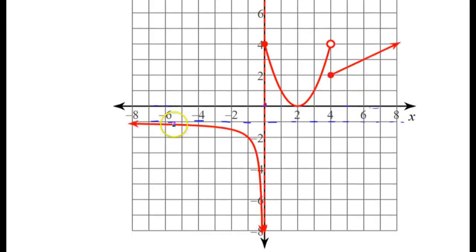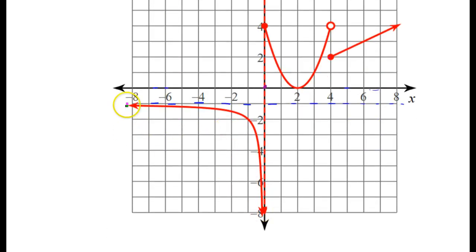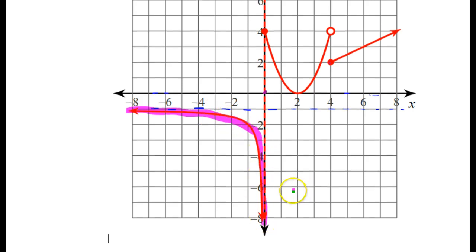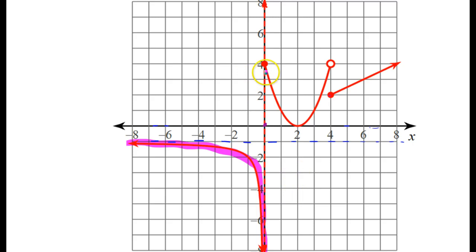As I move from left to right, I'm starting out on the left. I am decreasing, decreasing, decreasing. I'm falling, falling, falling, falling. Okay, and then suddenly I jump to here, and I'm once again falling until I get to here.